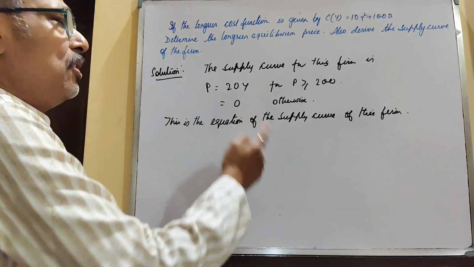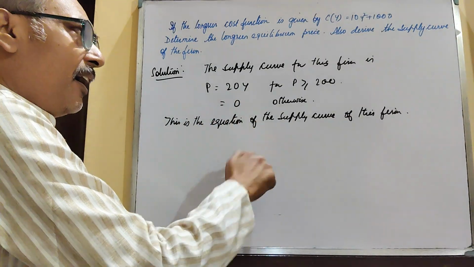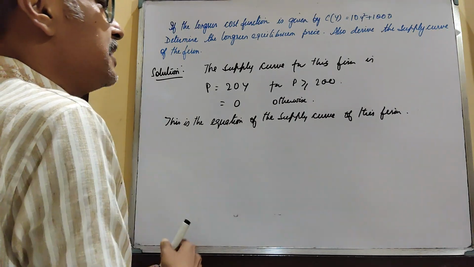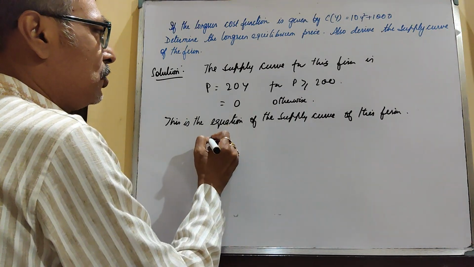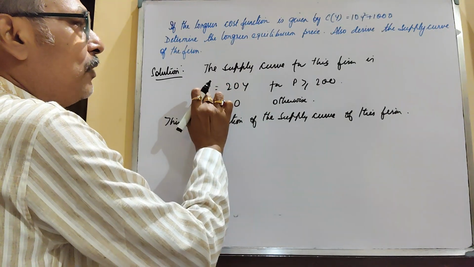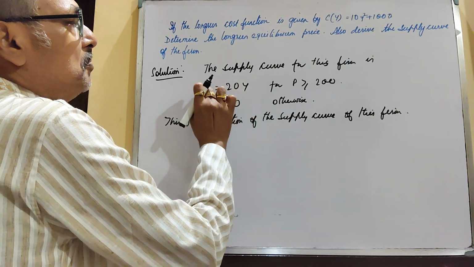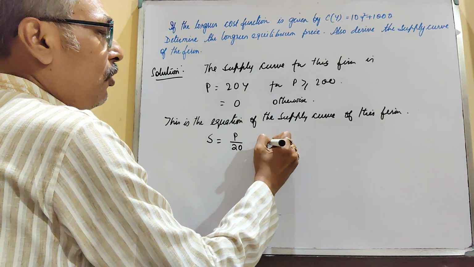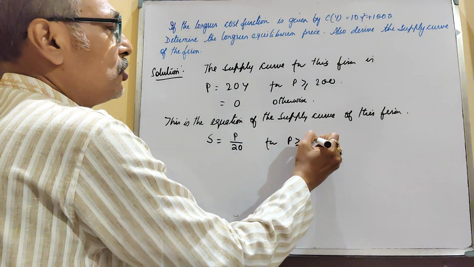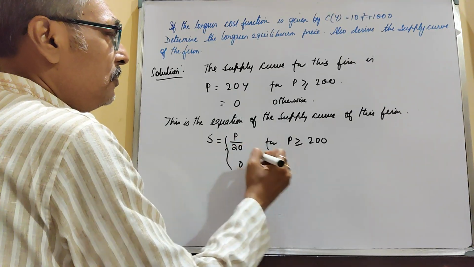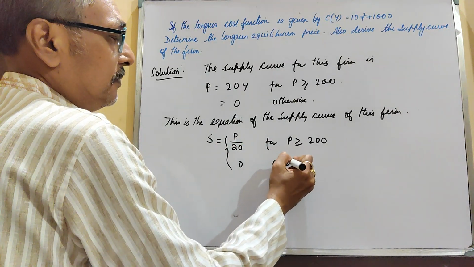Because P is here, we can write it in terms of y also. The equation of the supply curve of this firm is S equals y, that is y equals P by 20 for P greater than or equal to 200, and 0 otherwise.